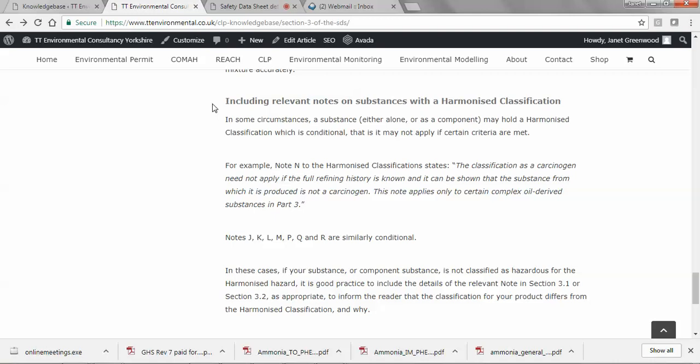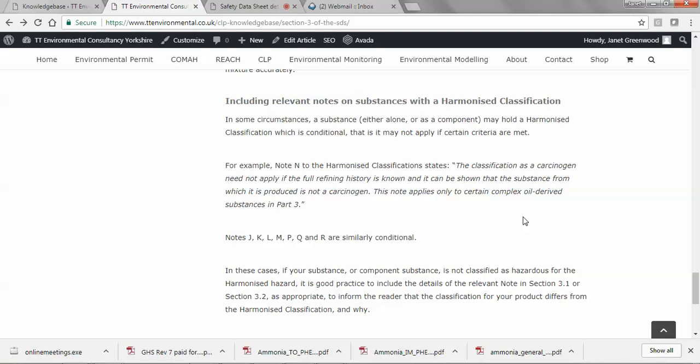This note only applies to certain complex oil derived substances in part 3. Now, this statement is basically conditional. It's saying that in certain circumstances the harmonized classification doesn't apply, or the carcinogenic bit wouldn't apply.